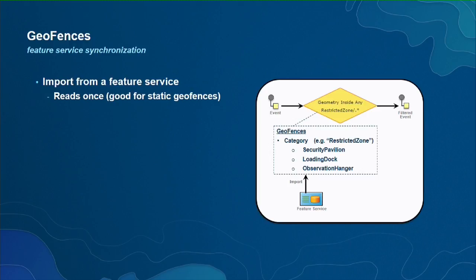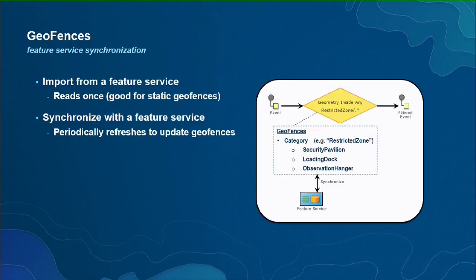So in the second case where you want them to stay synchronized with that feature service, you can set up a regular synchronization where GeoEvent Server regularly checks back with that feature service, and if anything has changed, it re-imports those features to maintain a synchronization between the geofences in GeoEvent Server and the features within your feature service. So this is most useful when the data in your feature service changes relatively infrequently, at relatively low volumes and low speed.